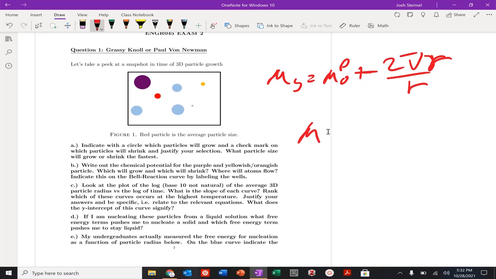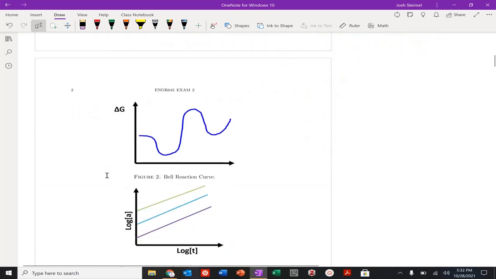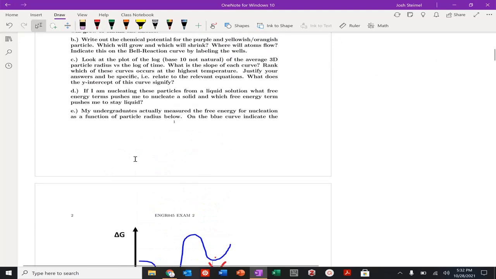So the chemical potential of the yellow is greater than that of the purple, so atoms will flow from yellow to purple, from high chemical potential to low chemical potential. Yellow to purple, shorter jump, and we got it there.